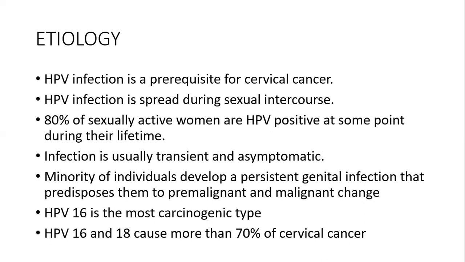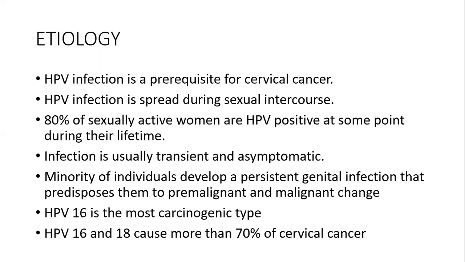About 80% of sexually active women are HPV positive at some point during their lifetime. However, with cervical cancer, the infection takes a period of time to develop into a malignancy, over a span of about 15 to 20 years.